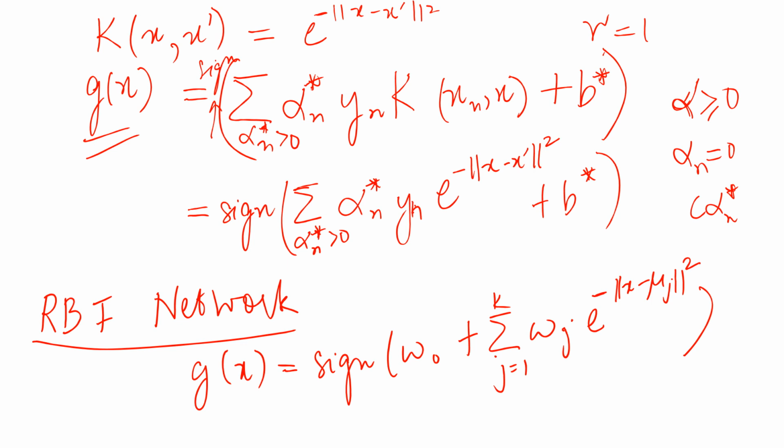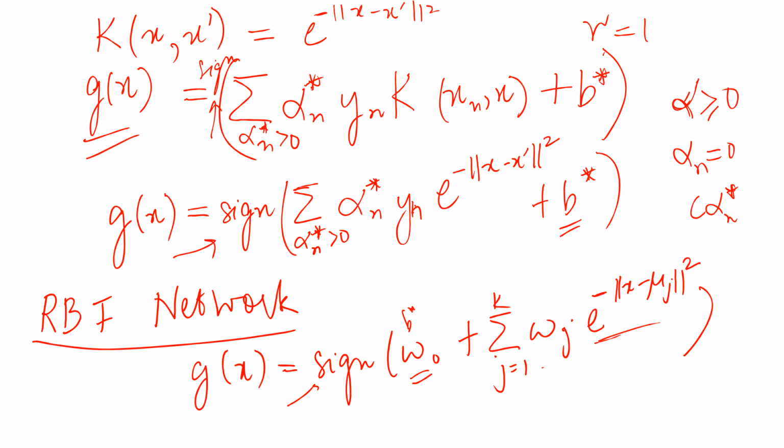Now, if you compare both these equations, both g of x's, they look pretty similar. This term is also a bias, so it can be thought of as some b value, similar to my b star value, or b value in general, right? And then we also have the weights multiplied to this kernel, which is what my RBF kernel looks like.